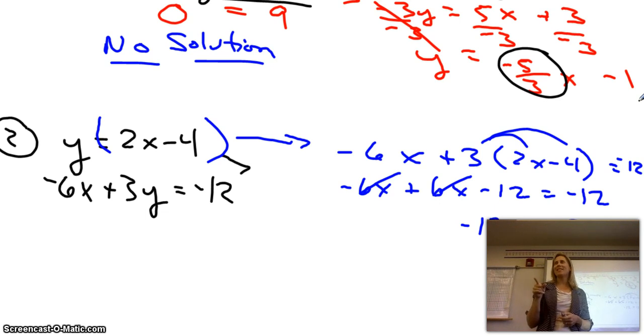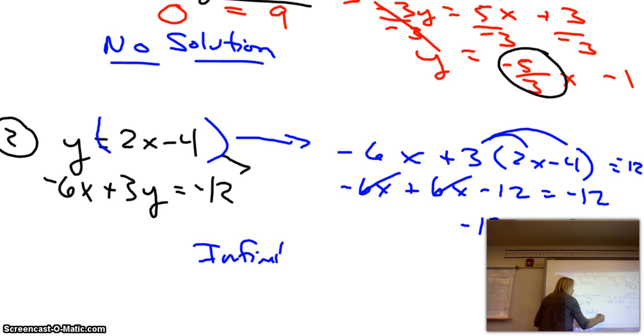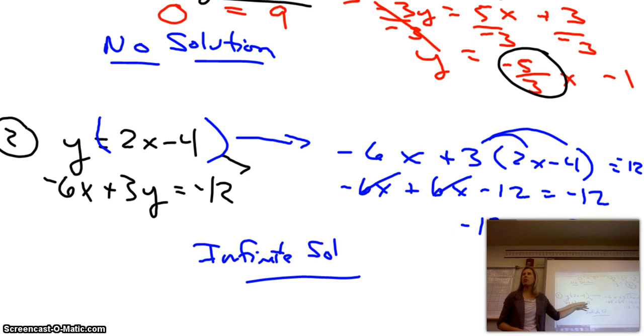How many solutions? Infinite, because these lines are the same line, aren't they? So look at that. If we were to change the second equation into slope-intercept form, imagine we could divide 3 out of everything.